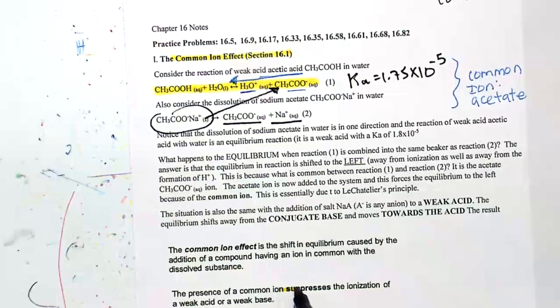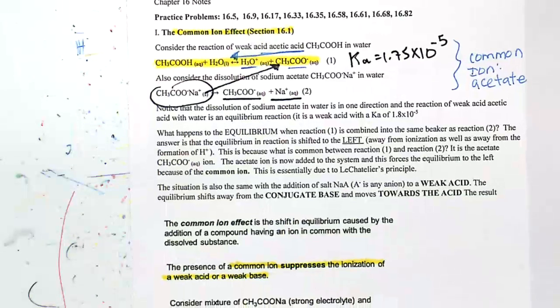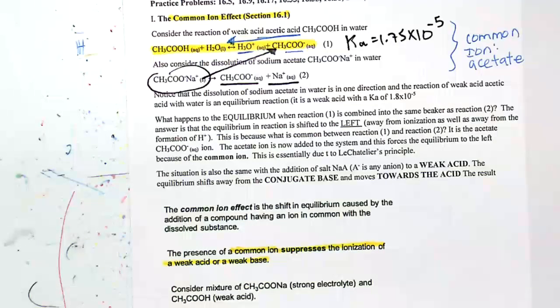This is what I want you to take home. Once you add a common ion, it will go to the side that has less ions. So suppression of ionization. Common ion effect, what will it do? Suppress ionization.